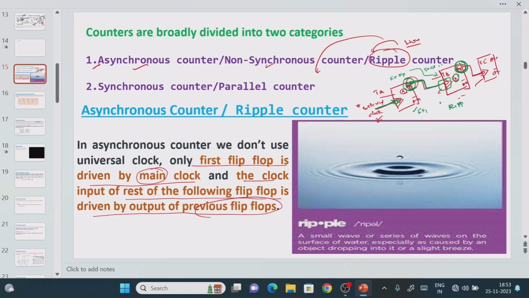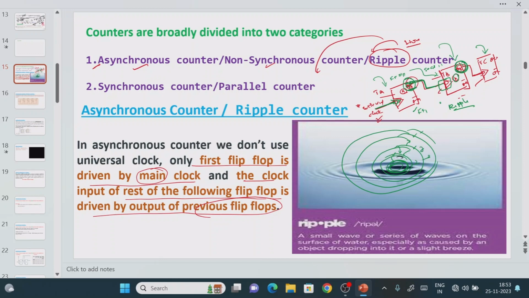So what do you mean by this? Why we call it a ripple? Suppose if you throw some stone inside water, what will happen? First we will be getting some wave, and due to this wave you will be getting one more wave, then one more. Due to this one, this will be generated; due to this one, the next will be generated. It means after generating the first output, we will be getting the second, then after the second you will be getting the third, one after another.